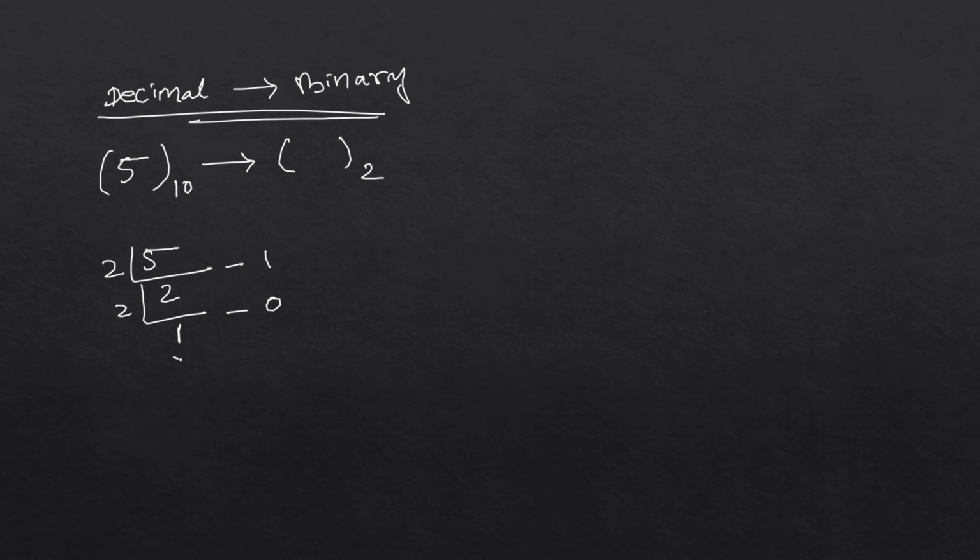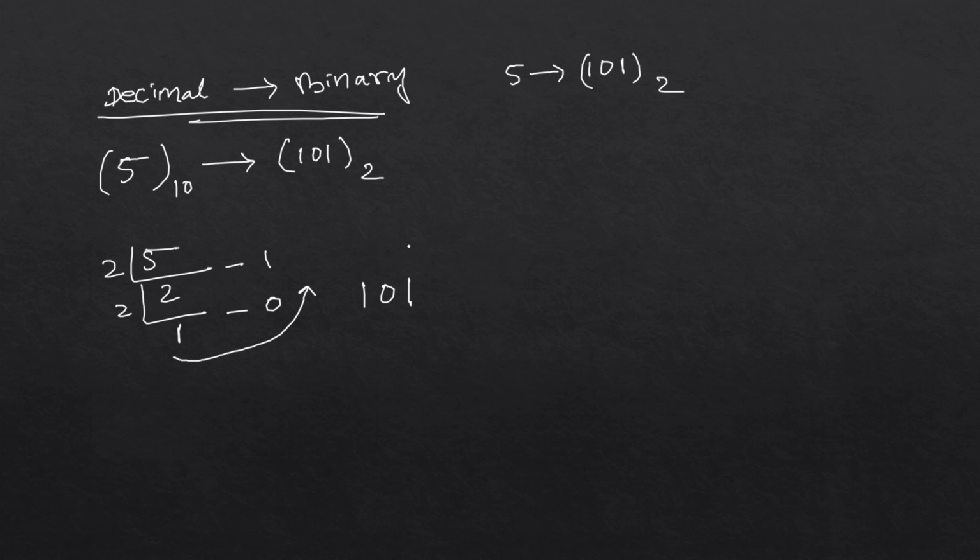Now take all these remainders in the order from bottom to top, and that gives you 1 0 1. So 5 of base 10 is 101 of base 2, that means 5 is represented as 101 in binary.